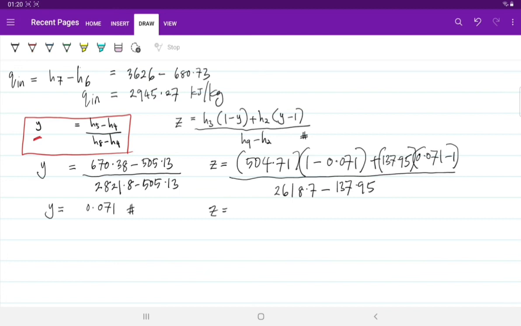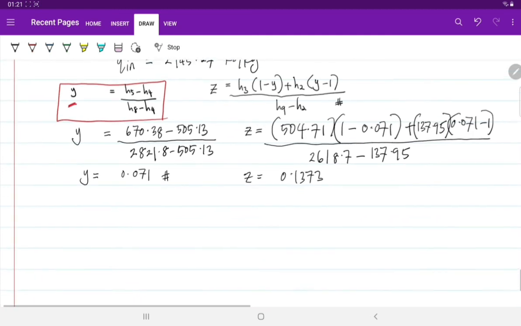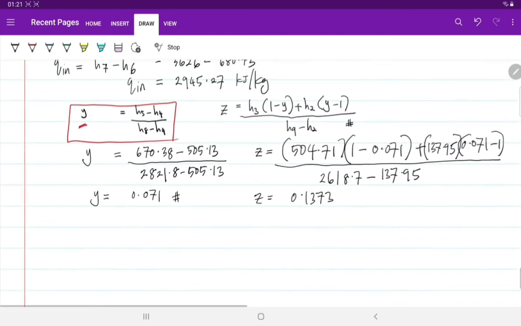So you got 0.1373. Okay, that is our Y and Z.